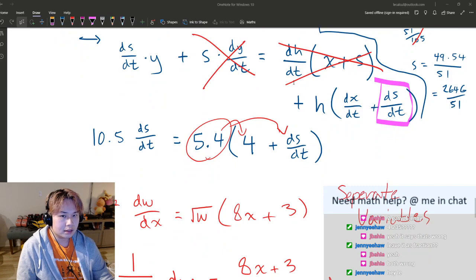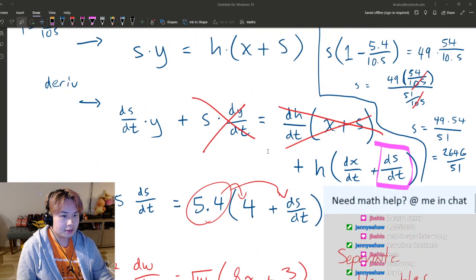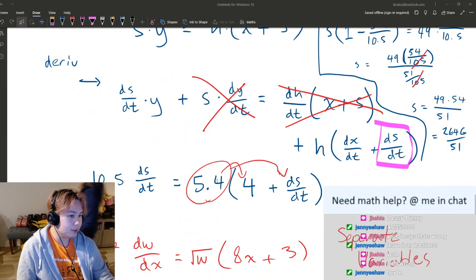And then this is 10.5, this is 5.4, this is 4, and this is ds/dt.